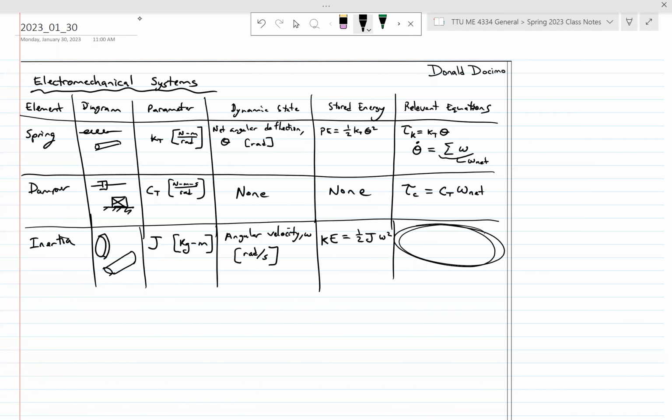Folks online, can you hear me? M omega double dot, in the right direction here. Good. Anybody want to help this person out? J alpha, that's kind of the same thing here, right? Along the same lines.